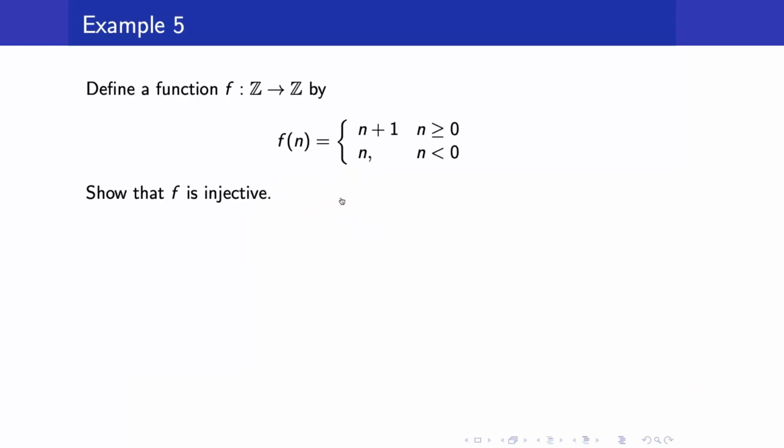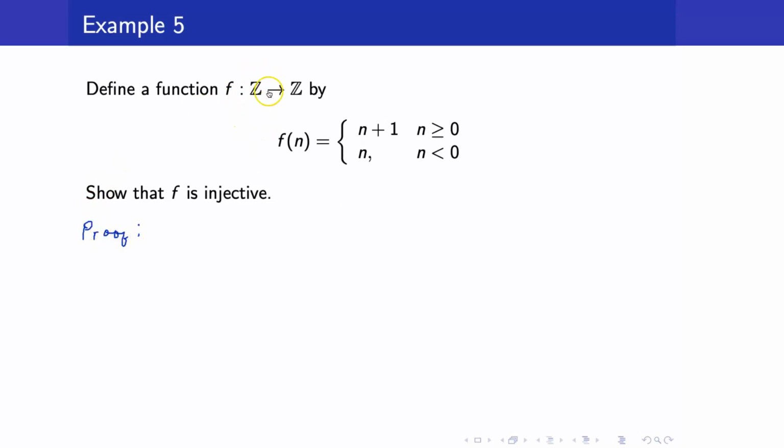Here's another example. Here is a piecewise defined function. How do we show that a piecewise function is injective? Whenever you are working with piecewise functions, you would certainly have to have proof by cases. So again, we start with getting two arbitrary elements in the domain.